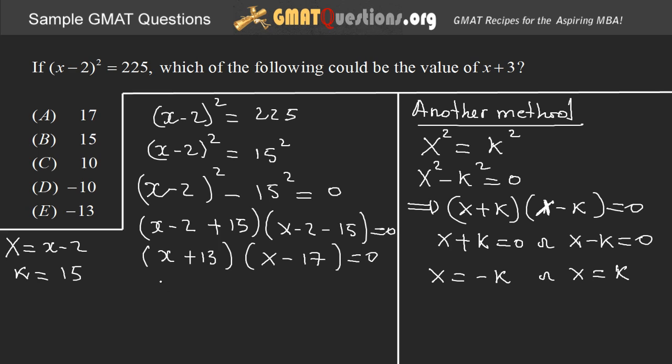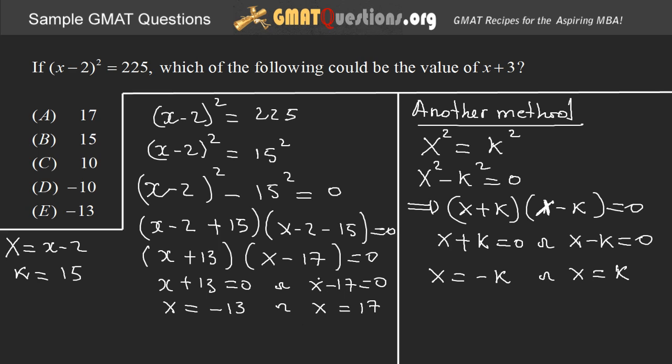So clearly this is going to be x plus 13 equals 0, or x minus 17 equals 0, and this is going to give us x equal negative 13, or x equals 17.